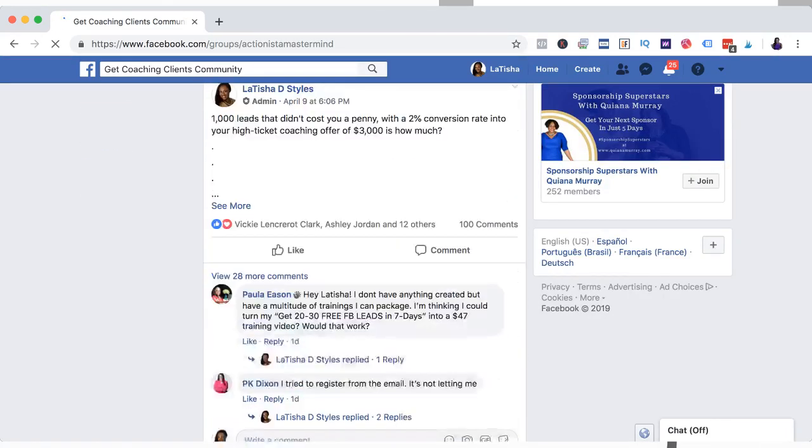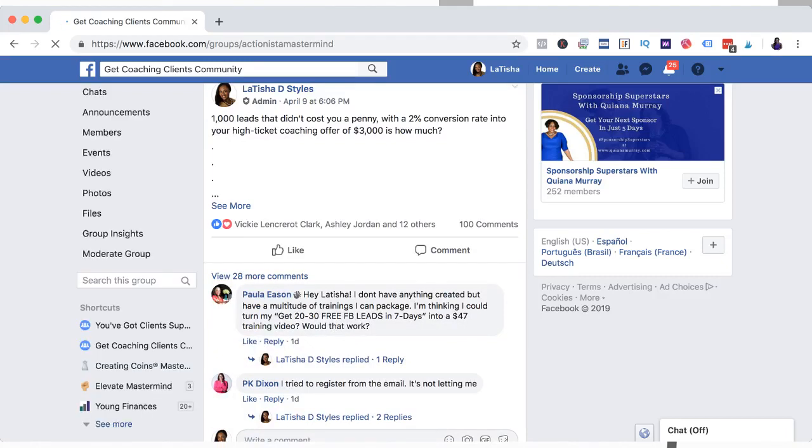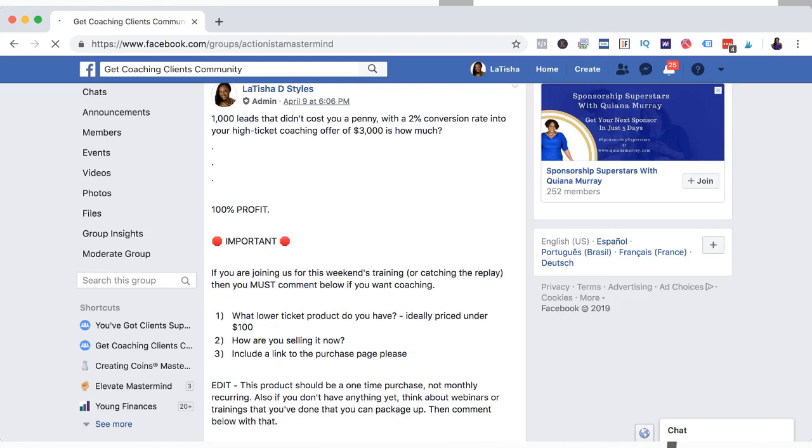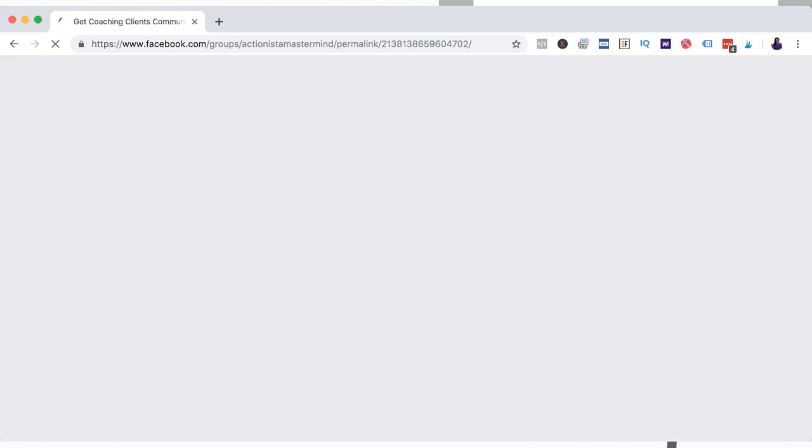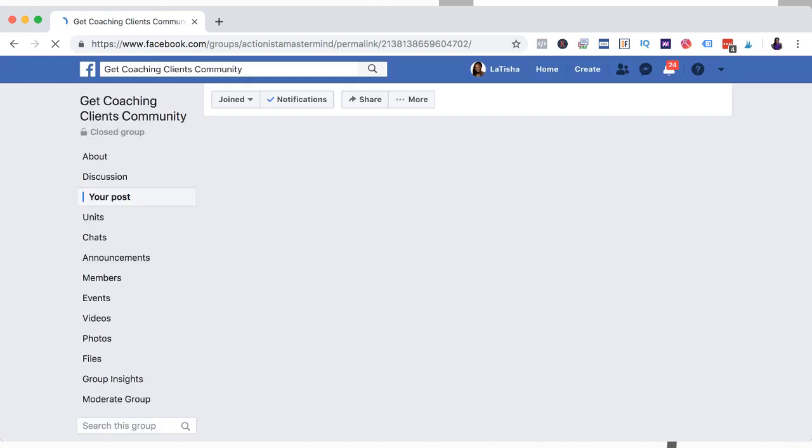All right, here we go. I think this is the post. Yeah, because it has 100 comments. Okay, this is it. Apologies for the slow internet, but I'm streaming plus recording plus I'm on my phone. I probably should take my phone off of Wi-Fi. That might help. We do have super fast internet though, so I can't really complain. All right, once this comes up.